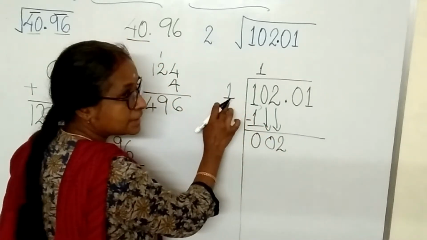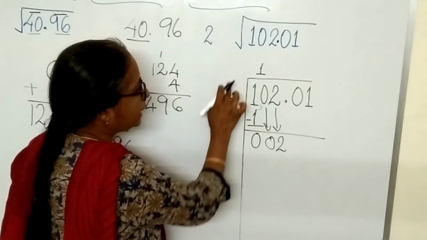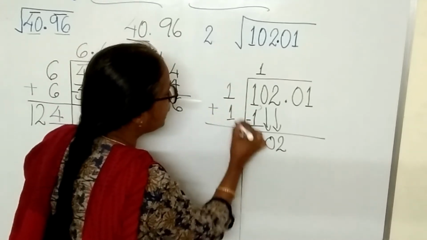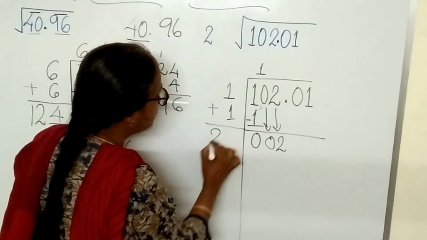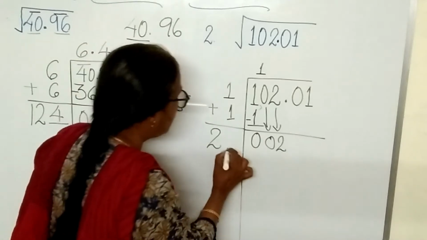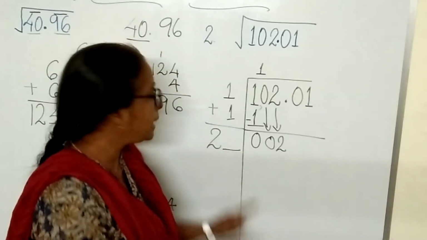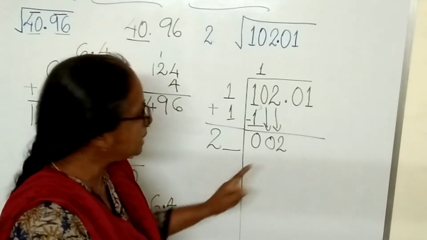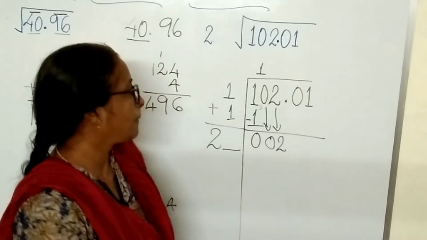Now add the same number. Whatever number you wrote here, the same number you need to add. Or you can also say take the double of it. So we get 2. Now you have to write a digit here and multiply that with this complete number to get 2.